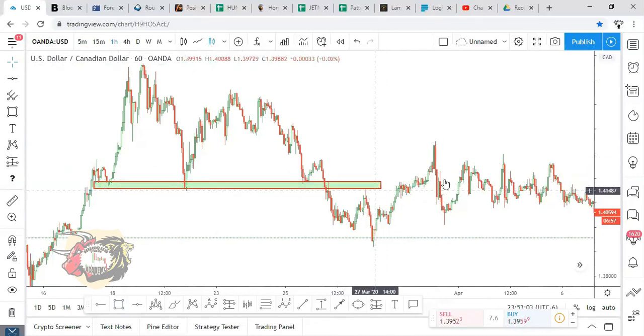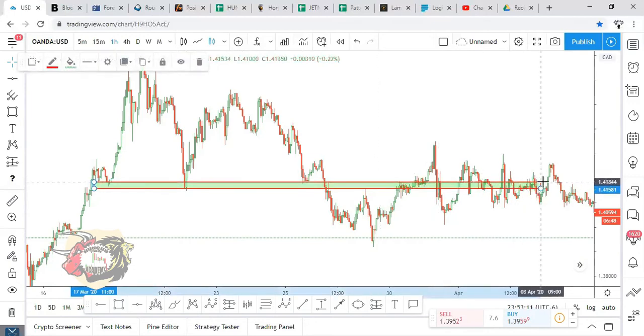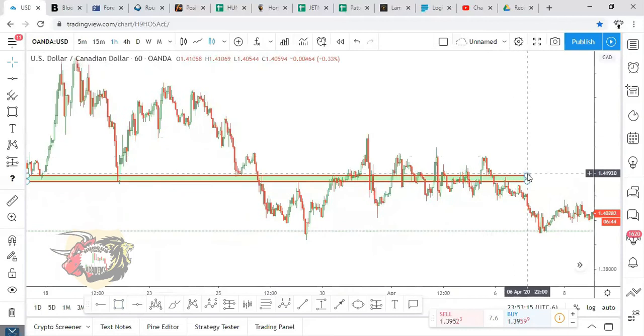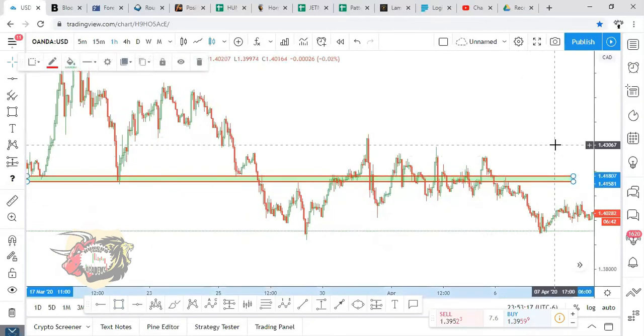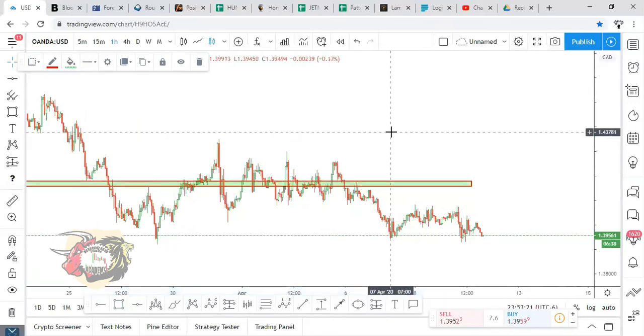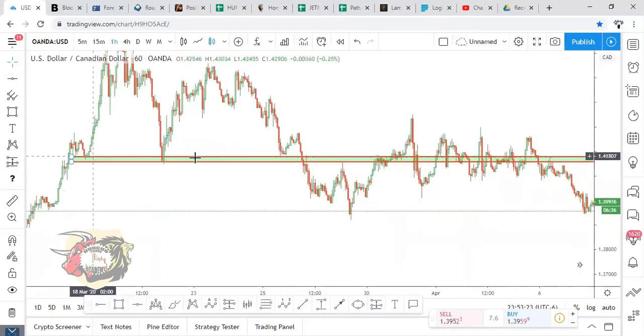If I keep adjusting my rectangle box to the right, it will keep creating support and resistance for me. Let's try it out. So this is it. Can you see how price made this touch, made this touch, and so on?